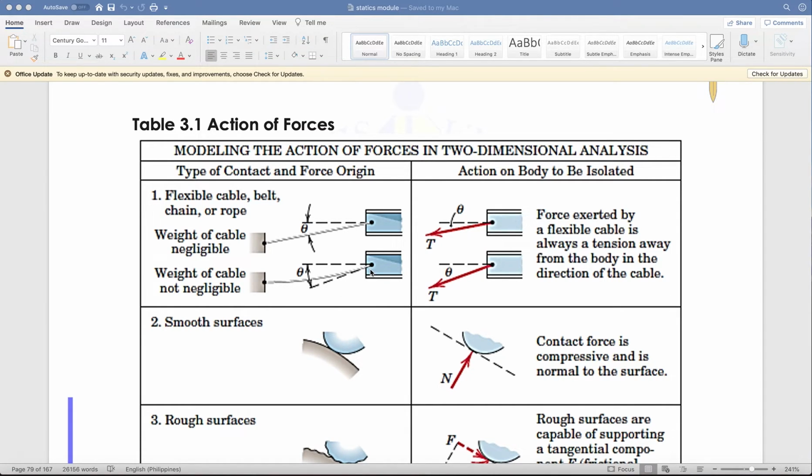Okay, so the force exerted on a flexible cable is always tension. No cable can resist compression due to its shape. It will always be in tension. Remember that, for example, steel, which is a form of metal, is very strong in resisting tension, but it is weak in compression with respect to its shape.